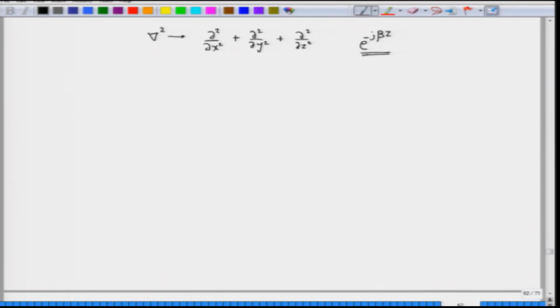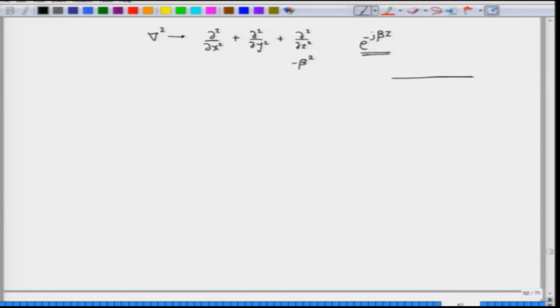So, we are propagating along the plus z direction, and we know this very well from our earlier discussion that a plane wave propagating along z will be described in this manner, e to the power minus j beta z type of solution. What it means is that this del square by del z square can be replaced by minus beta square. Okay.